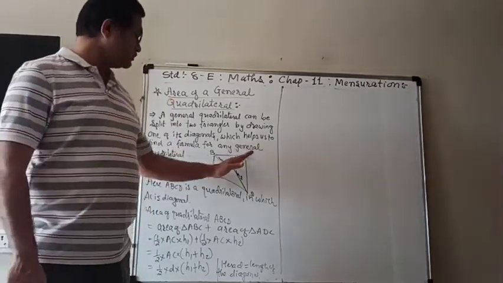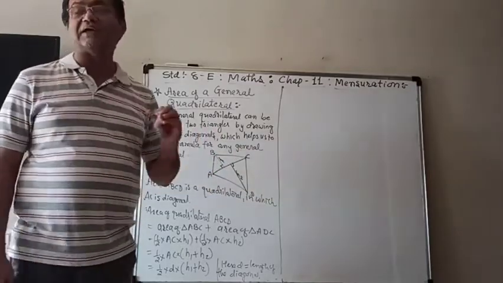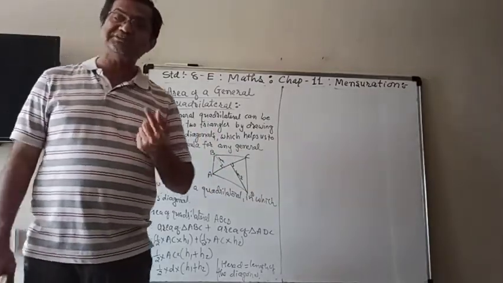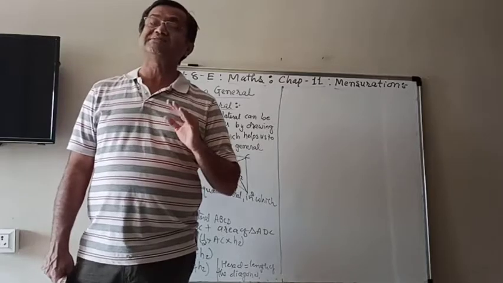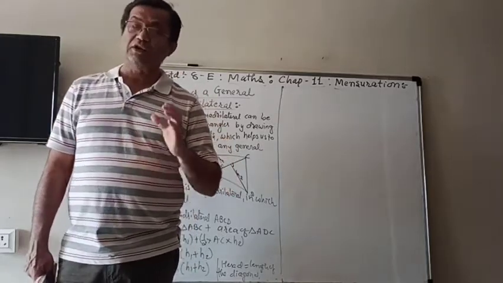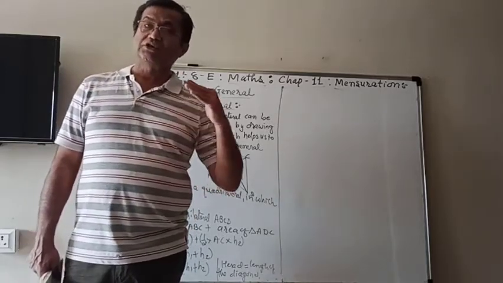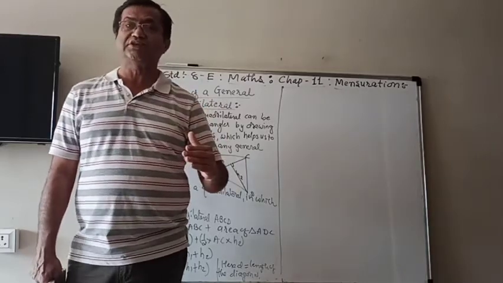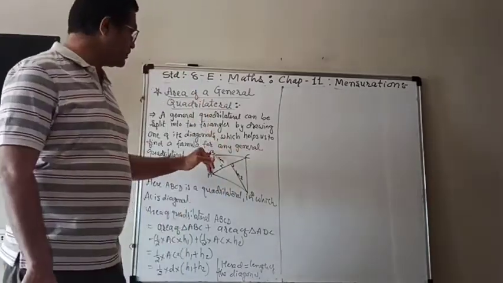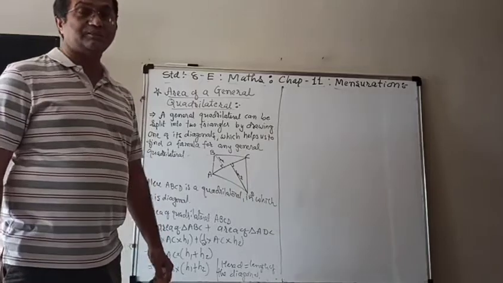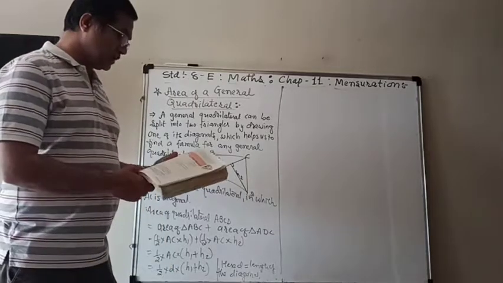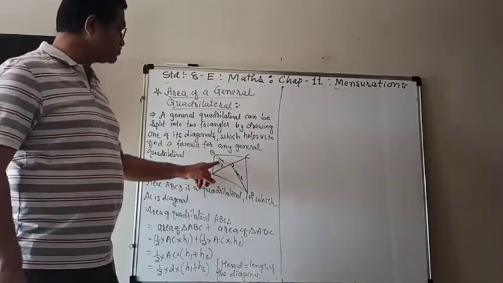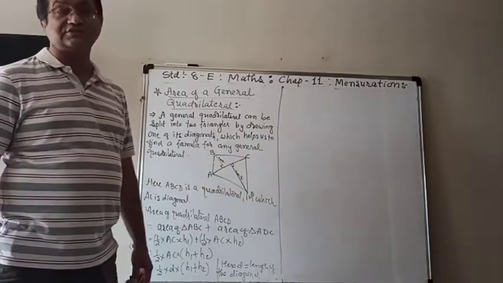So here we draw the heights on the diagonal AC. For both the triangles, we took the common base as AC. And therefore, we draw those two heights, two perpendiculars on the AC from the points B and D. So here you can see that the height H1 is here and the height H2 is here.